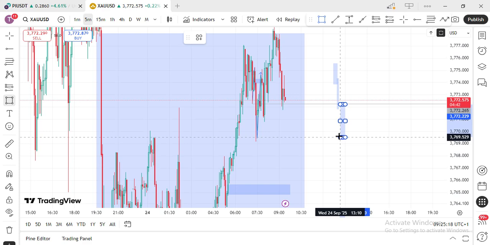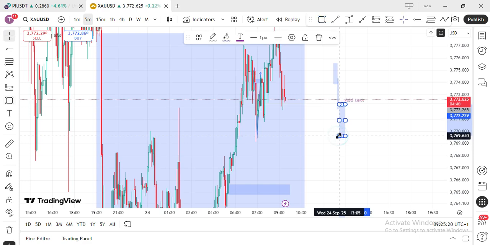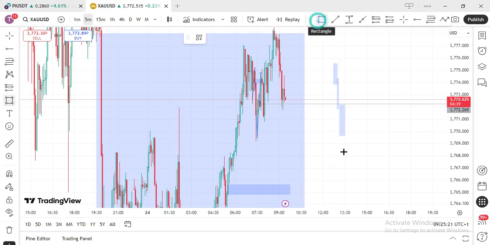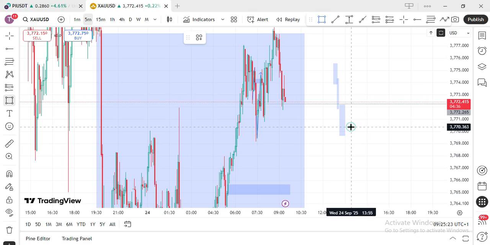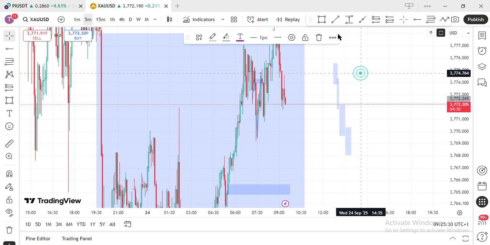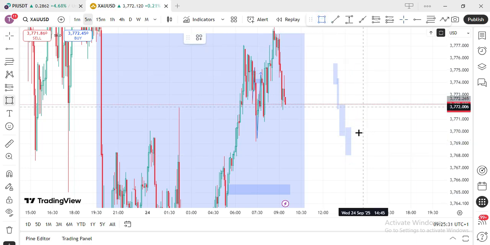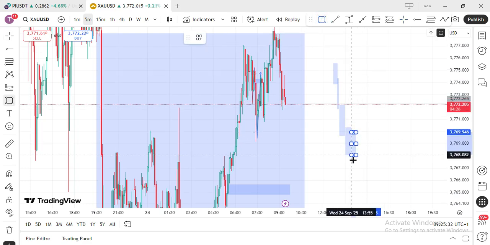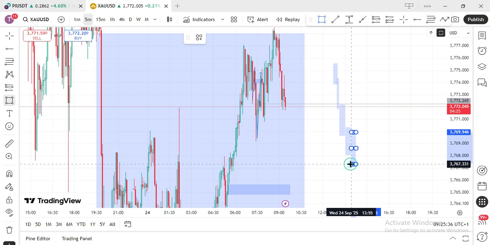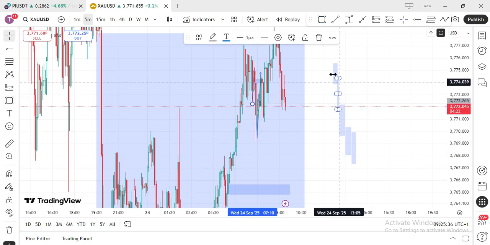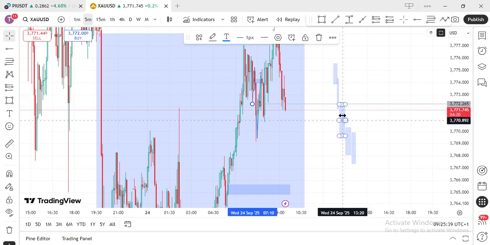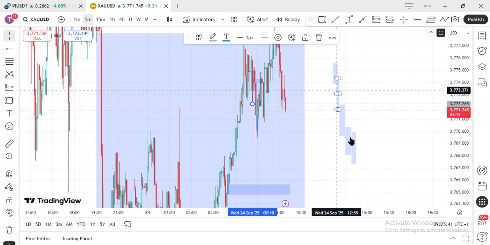When it's forming, the point where the fair value gap setup finishes is the point where a lower candle touches a higher candle. So at any point when a candle forms this way, the fair value gap has finished. Now look at this. You notice that this candle is not touching this candle, and this candle here is not touching this candle. So there are 2 fair value gaps inside here.